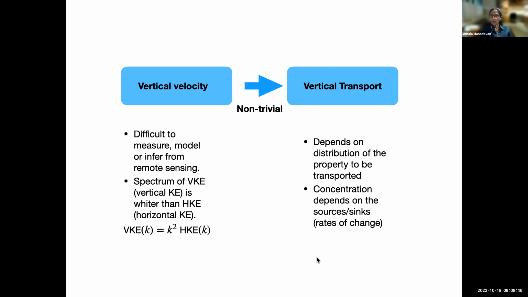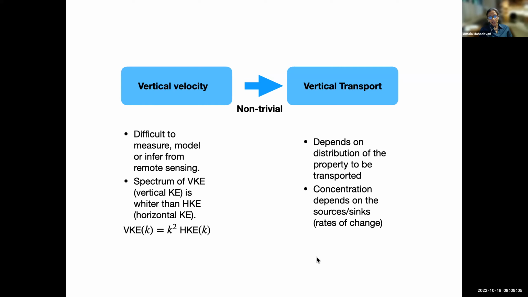So you have to think about what exactly you're trying to say when you want the vertical velocity. The other thing is that the spectrum of the vertical velocity or the vertical kinetic energy is much whiter than that of the horizontal kinetic energy. And so that means that the small scales are really important, and I'll show that, okay?